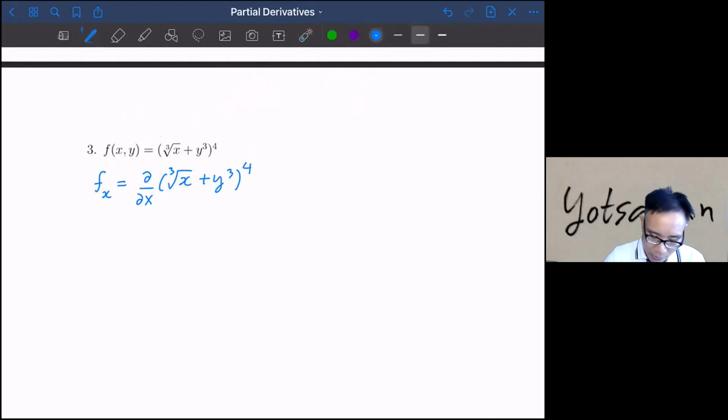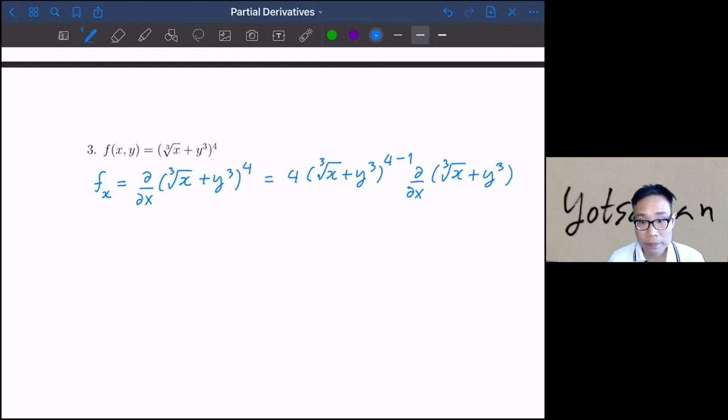So for this one, it's going to be 4 down, and it's going to be the cubic root of x plus y to the third, to the 4 minus 1, and you find the derivative d/dx of the cubic root of x plus y to the third.